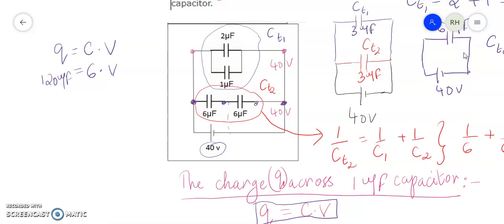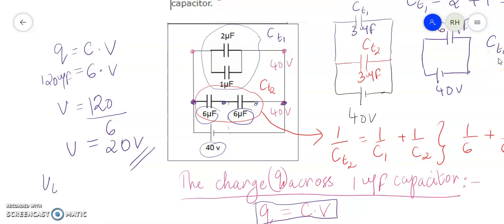So when I rearrange the equation and I keep V as the subject, it's going to be 120 divided by 6, and that's going to be 20 volts. So you have 20 volts for 6 microfarad capacitor, and this is also same. So the voltage is just going to be the same for the other one.